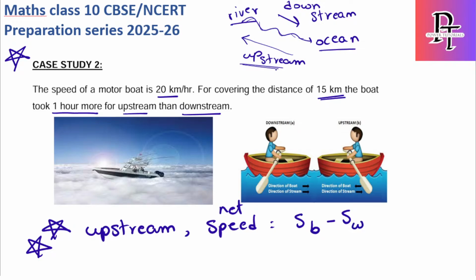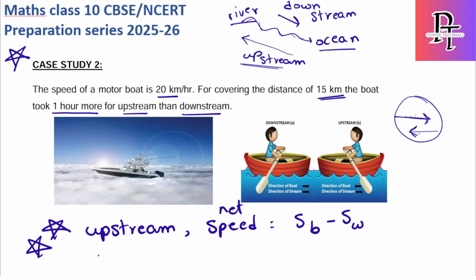Why? Because it is relative motion and it is opposing. It's like we want to move to the right side, whereas water is trying to push to the left side. So what is the resultant speed? We have to just add or subtract, with respect to magnitude. Then the boat speed minus water speed will give me the net speed.